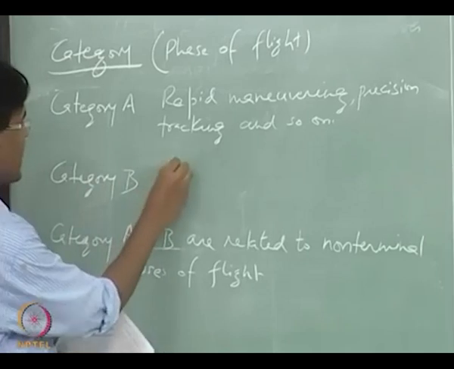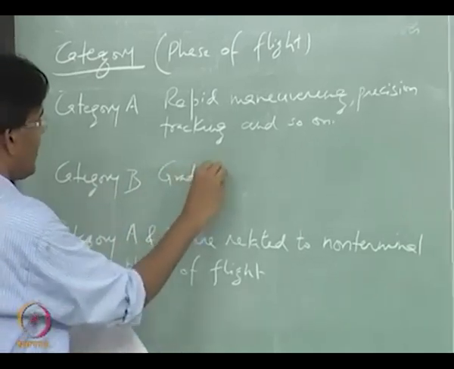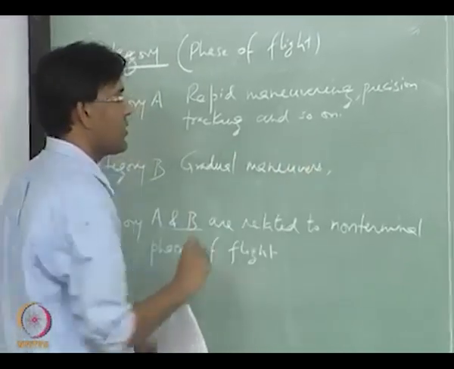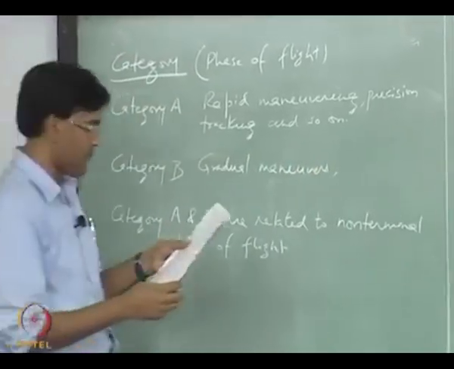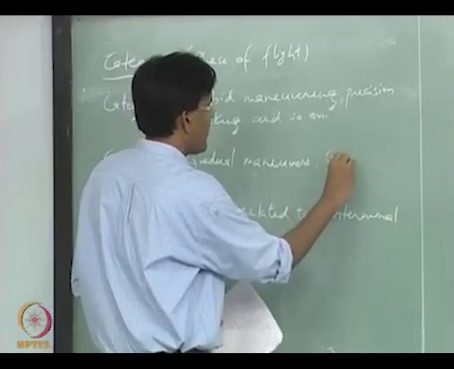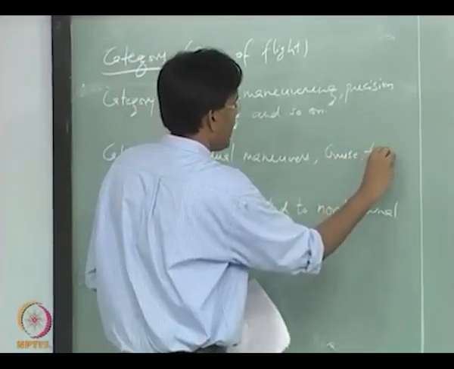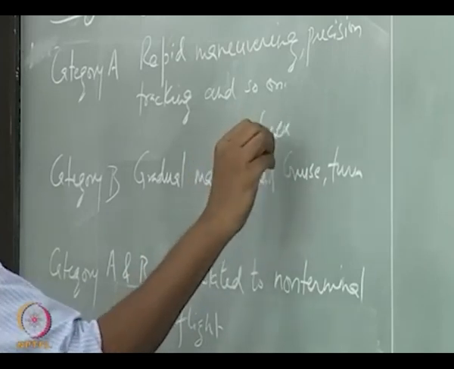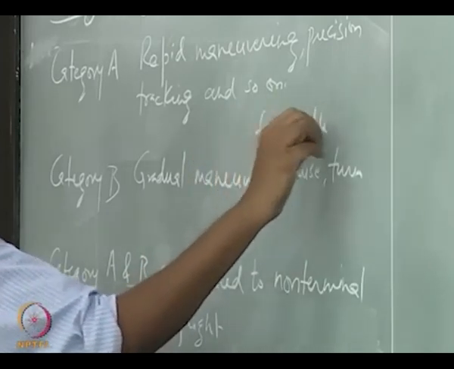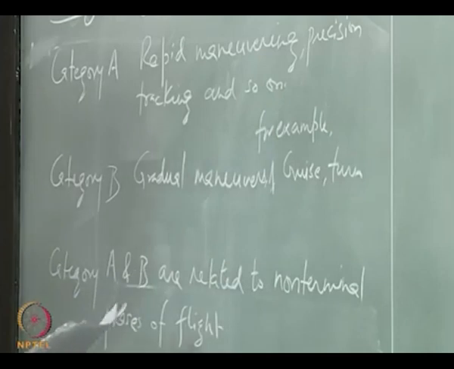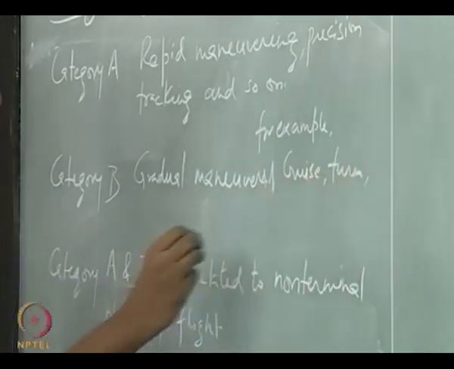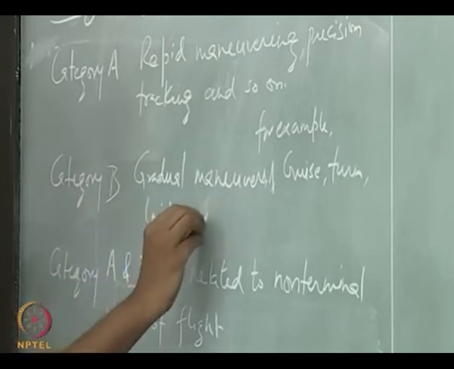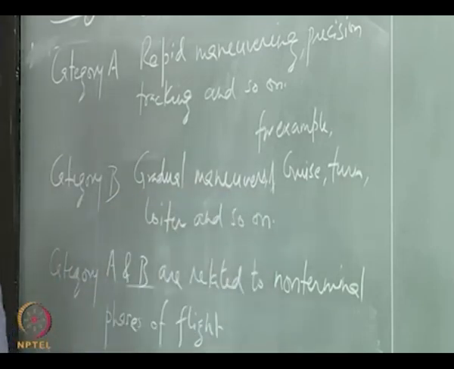Category B is related to gradual maneuvers. And these maneuvers can be cruise, turn, loiter and so on.